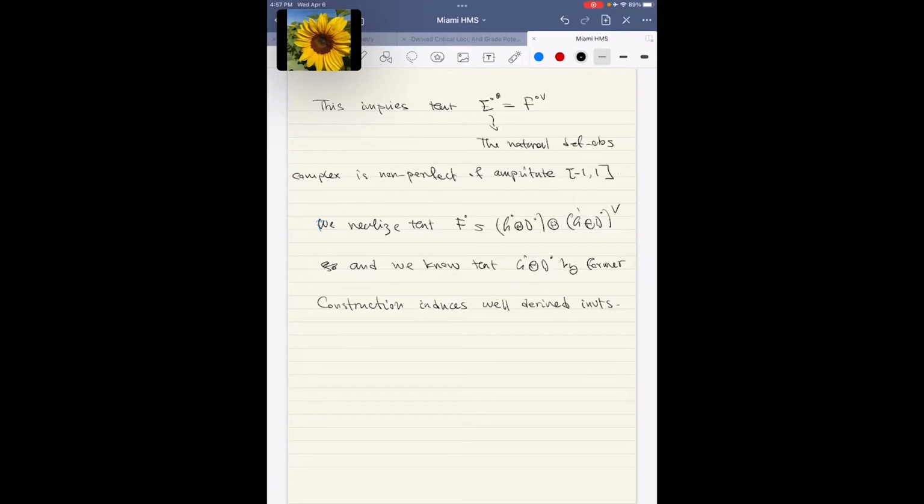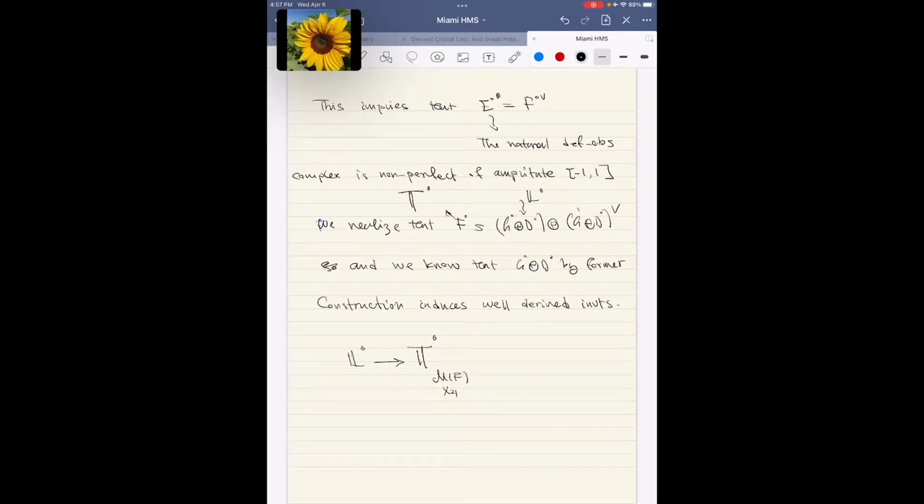So what does that tell you? It tells you that you can take one of these pieces, let's call them L dot. So this L dot is getting mapped to, as you remember, this F dot was the derived tangent complex of the moduli space over X4 this time.